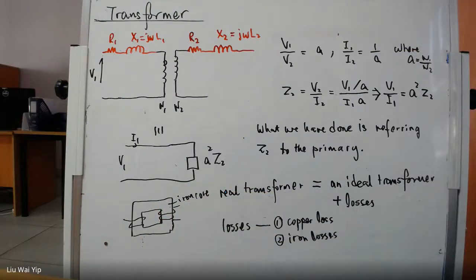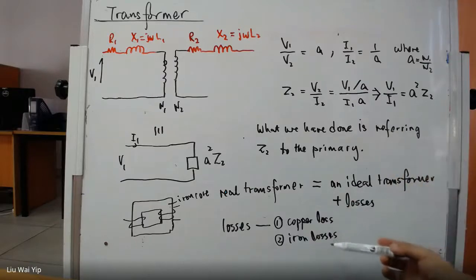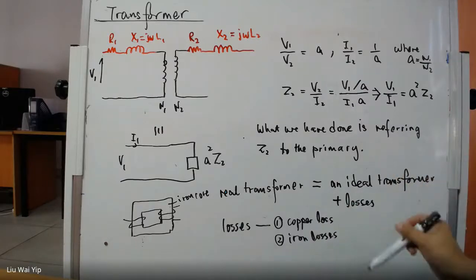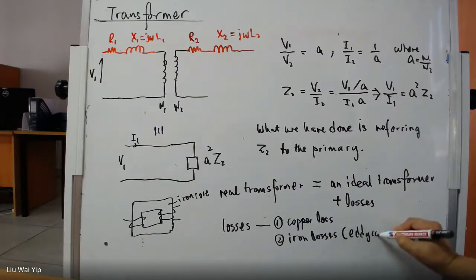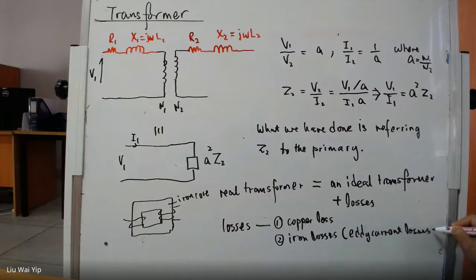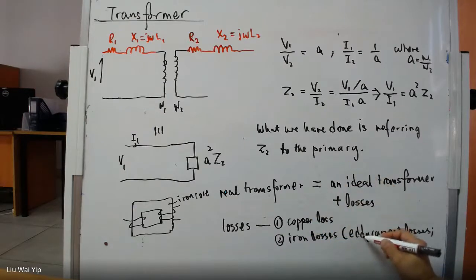And also some eddy current. So the iron loss here contains two elements. One is the eddy current loss. What else? Eddy current is one element.